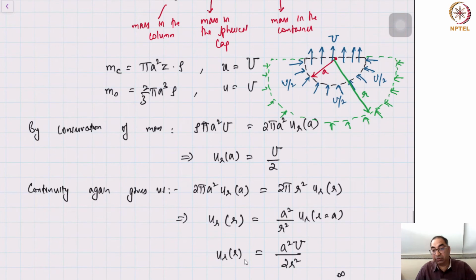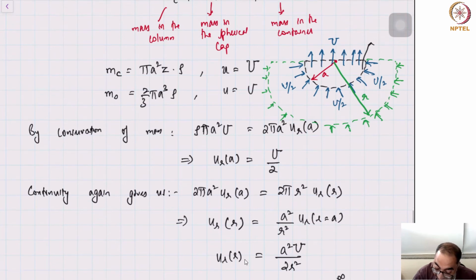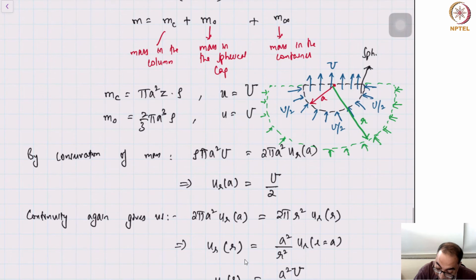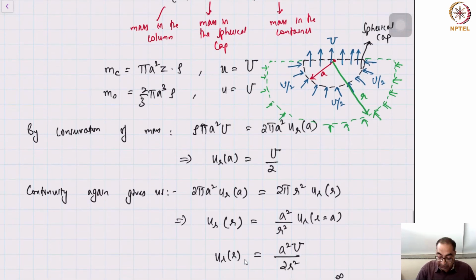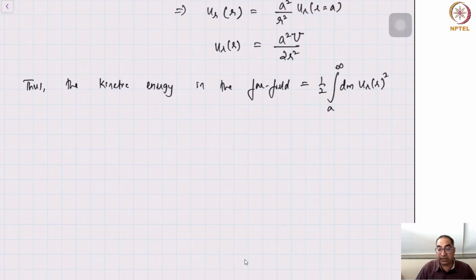In other words, I'm going from the edge of the spherical cap. So this is my spherical cap, and the mass that is contained in the spherical cap is m naught. So from the edge of the spherical cap all the way to infinity, I'm calculating the total kinetic energy. Instead of writing it as an integral like this, I'll just say this is some m far field, some effective mass times velocity.